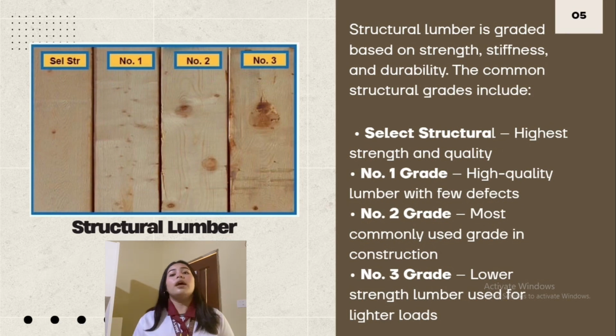Then the number 2 grade is the most commonly used in construction because it is strong and more affordable. And lastly, the number 3 grade has a lower strength and is used for lighter loads. These grades help builders choose the right type of lumber for safe and effective construction.